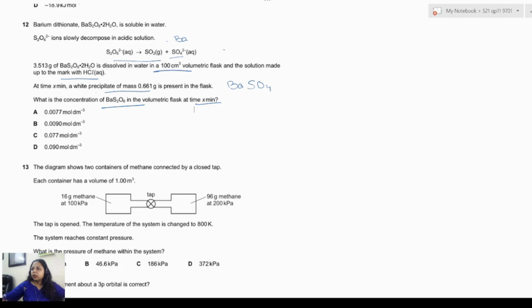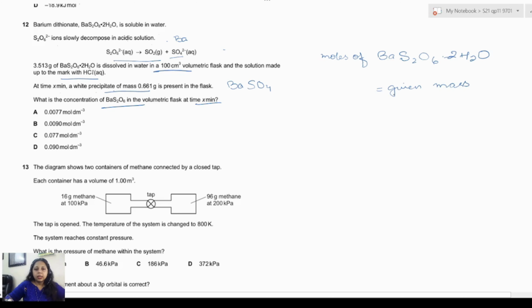Let's calculate it. So first of all, we calculate the moles of both the product and the reactant. Let's say moles of barium dithionate, BaS2O6 and 2H2O. Definitely we are going to include this in this one. So it would be given mass divided by molar mass.